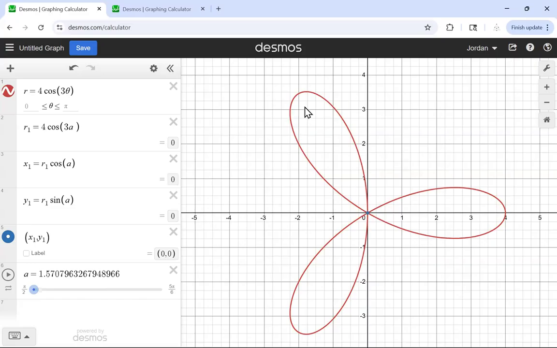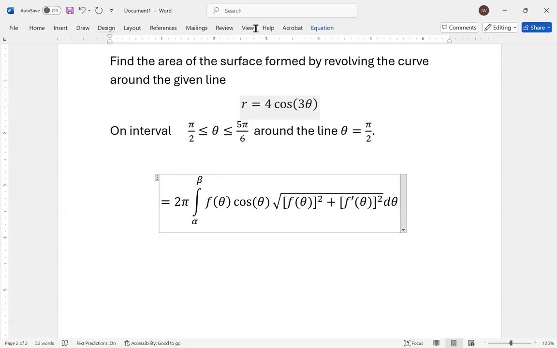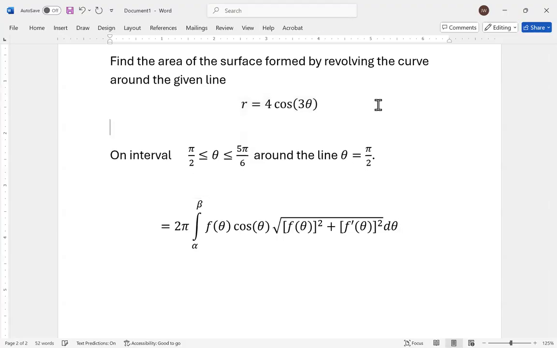And I'm going to rotate that around the line theta equals pi over 2. It's set up pretty well for me.